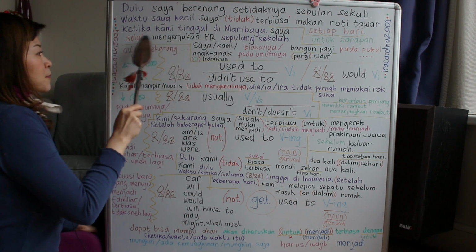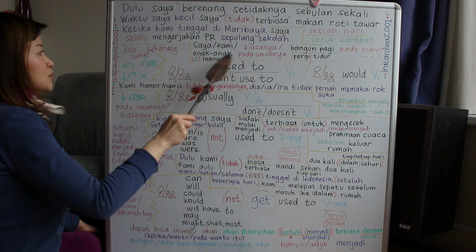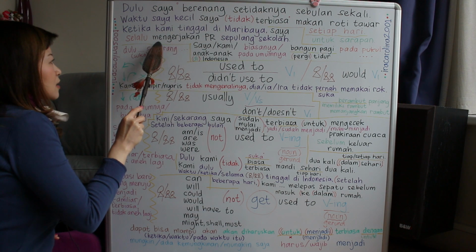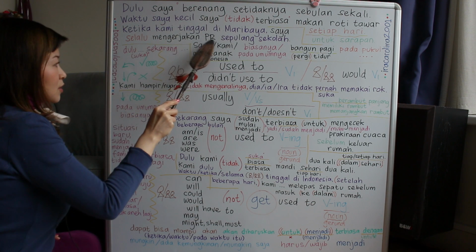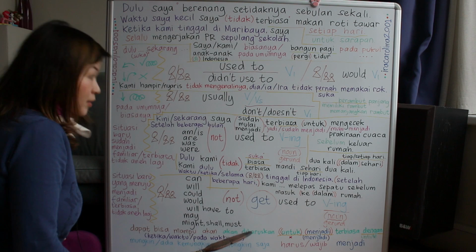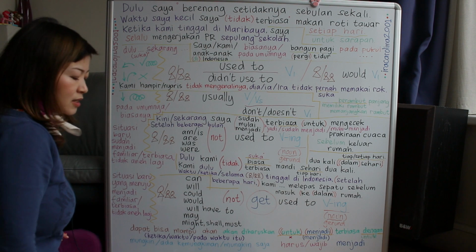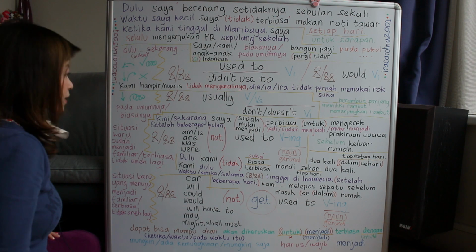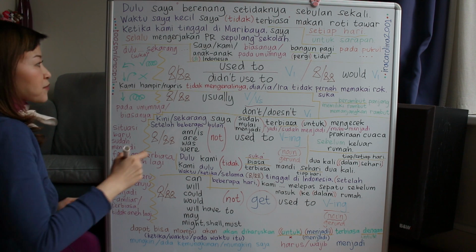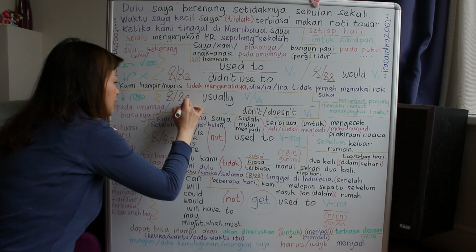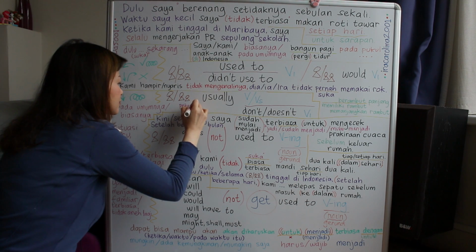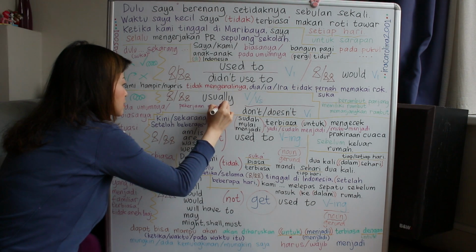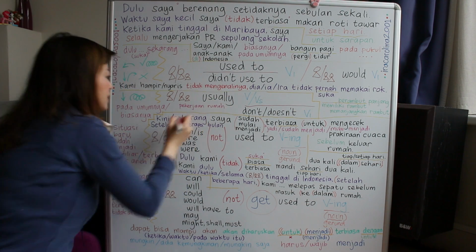In this case, used to do. Do PR, we write it like this, is pekerjaan rumah. I don't have space here, I will just write it here. I will delete it later.